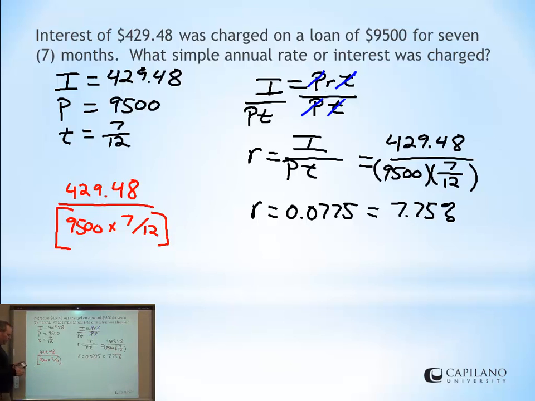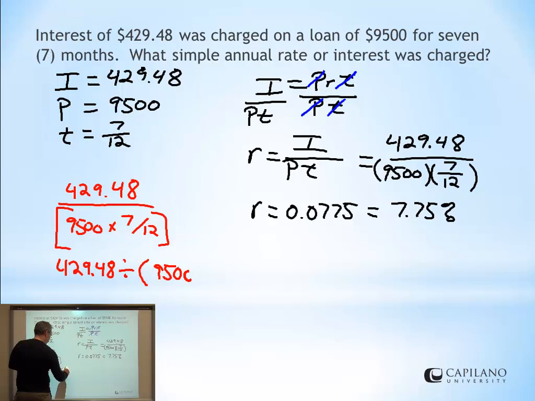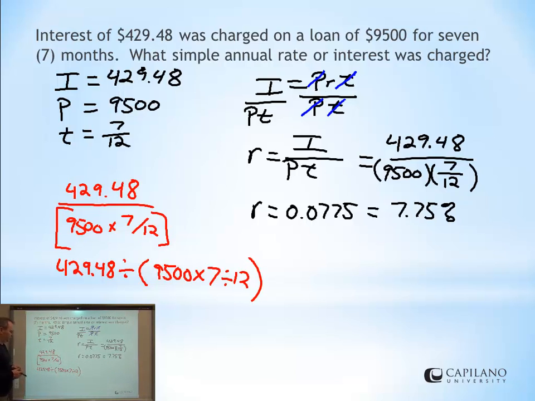So on the calculator, you're going to put in 429.48 divided by parenthesis 9,500 times 7 divided by 12 parenthesis equals. You're going to make sure that everything in the bottom is in parentheses, otherwise the calculation is going to come up wrong.